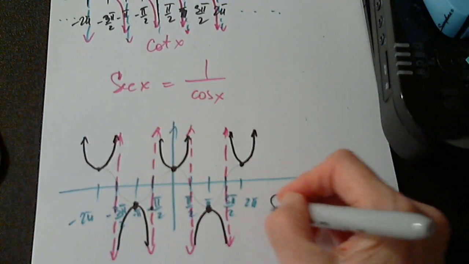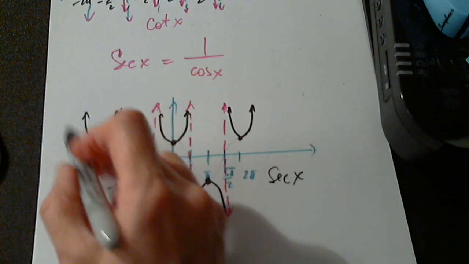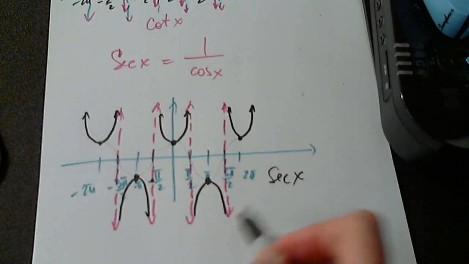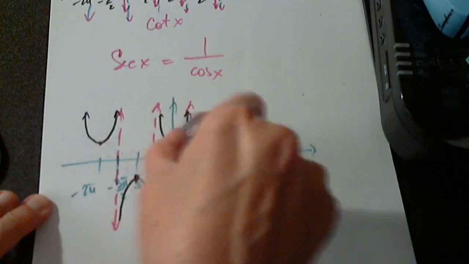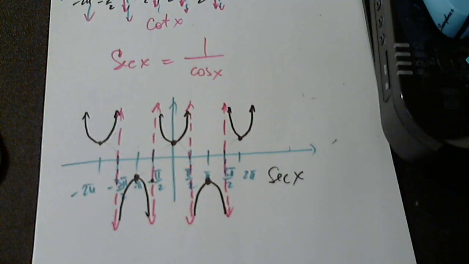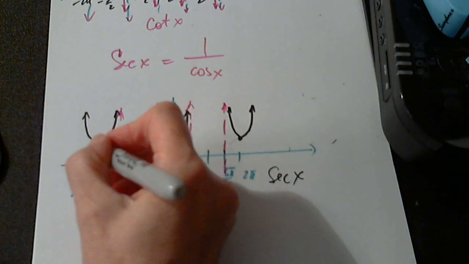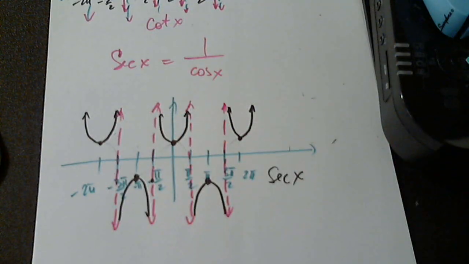And this is the graph of secant x. Not this, but this, this, this, this. Cosine only helped me keep the graph in shape so that I can identify these points correctly. The minimum, the maximum, the minimum, the maximum, the minimum. That's all I needed the cosine in there for.